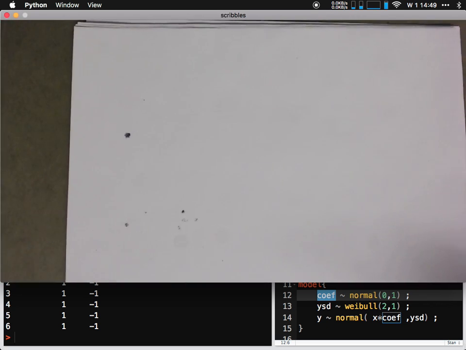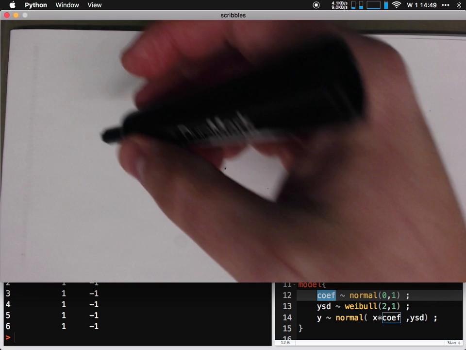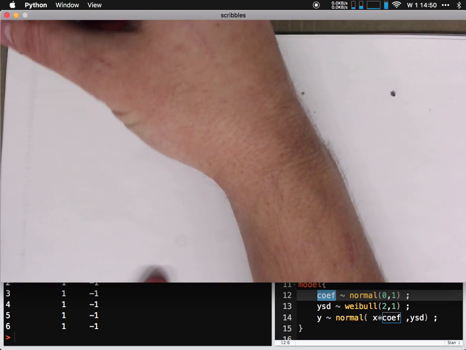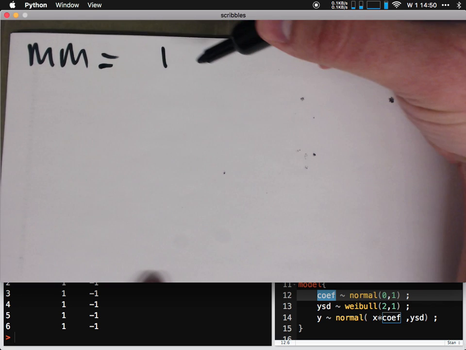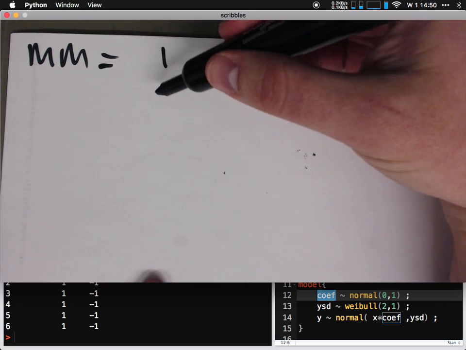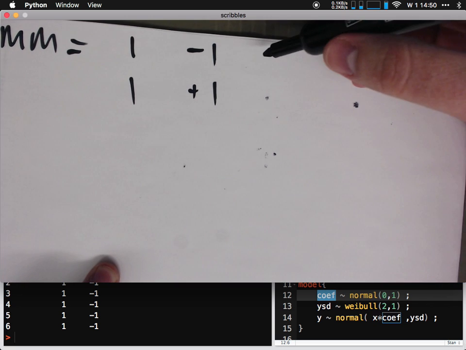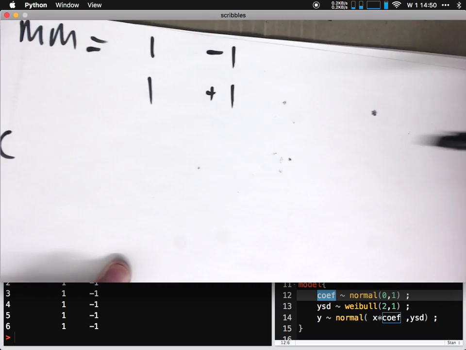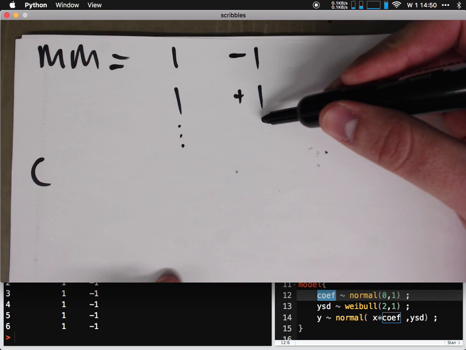Maybe I'll do it sideways. Our model matrix has 1, -1, then 1, +1, and if we have our thing called coef, so this continues on down.